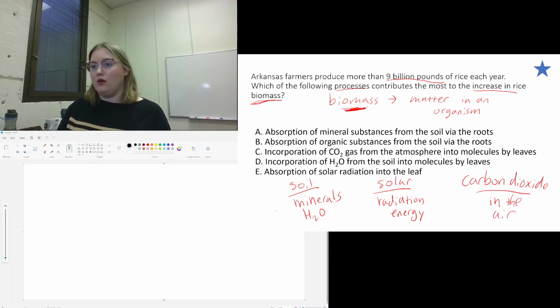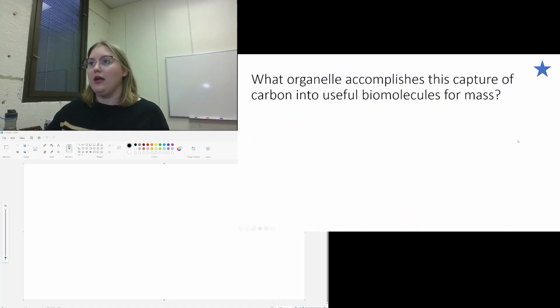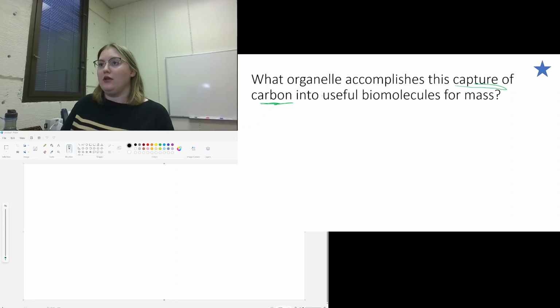Right, so our correct answer here, between these three, go ahead and think about that. Which one is responsible for the biomass? Okay, and then what organelle is going to be capturing this carbon and making it into sugars or carbohydrates?